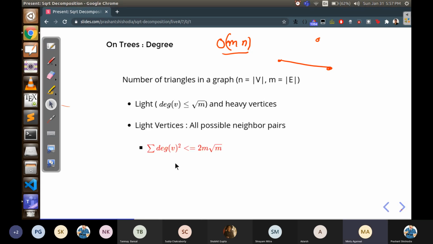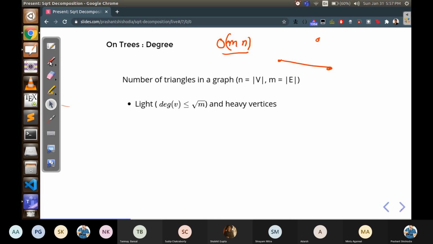Okay. How do we define heavy and light here? I'm defining it here. Since we are using decomposition on degree, let me give you some intuition first.